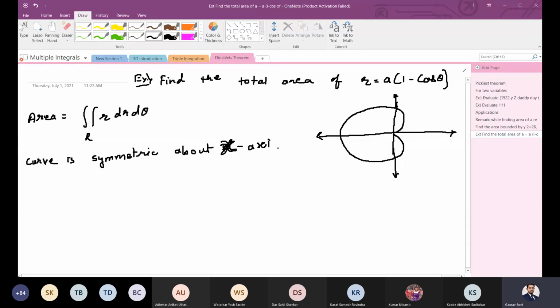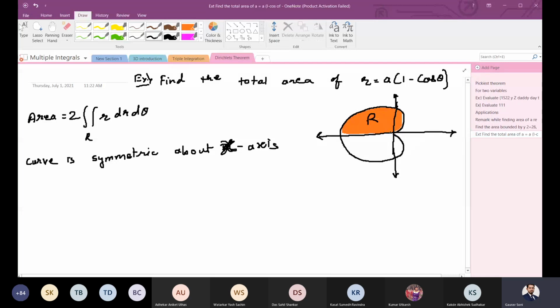So area of the lower part and the upper part are going to be the same. For that purpose, I'll just take the upper part and multiply it by 2. So this is my R. So area is equal to 2 times integral over R dr d theta.